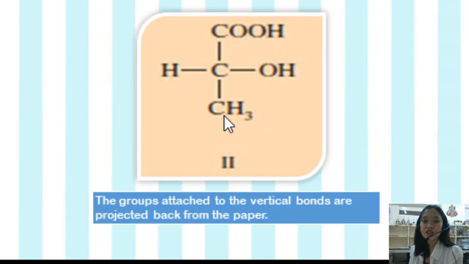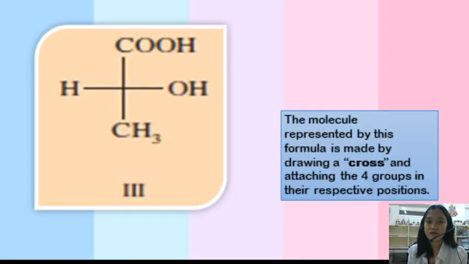But, since lines lang yung gamit natin sa ating Fisher projection formula, then you will base it on the horizontal plane and the vertical plane. So, kapag nasa horizontal yung iyong atoms, those atoms are projecting towards the observer. And kapag nasa vertical naman sila na line, the atoms are projecting away from the observer or towards the back.